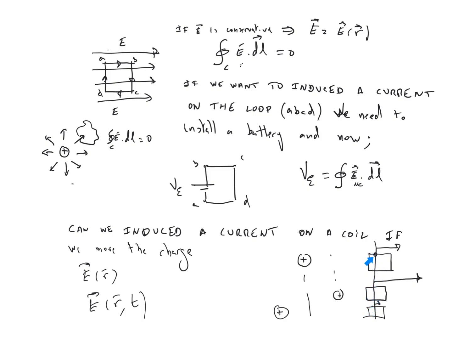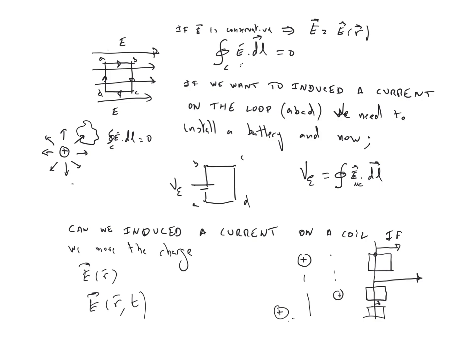So I can make a current here because in this situation, the circulation of E scalar dl around the loop will not be zero. When I go from here to here, the circulation will be bigger, and when I go from here to here, the circulation will be smaller because the electrical field is smaller, since the charge is now farther.